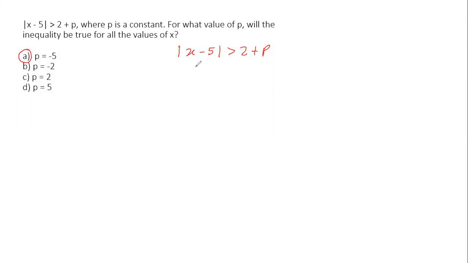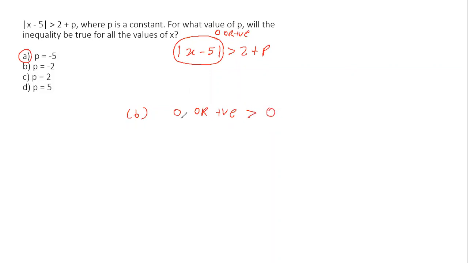If I try to decode this inequality, I know the left hand side will either be 0 or positive because it's a modulus. This modulus cannot be negative. Now if I go for option B, the left hand side will always be 0 or positive, and if I replace p with minus 2, the right hand side becomes 0.